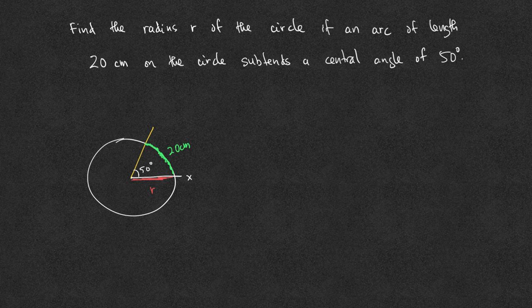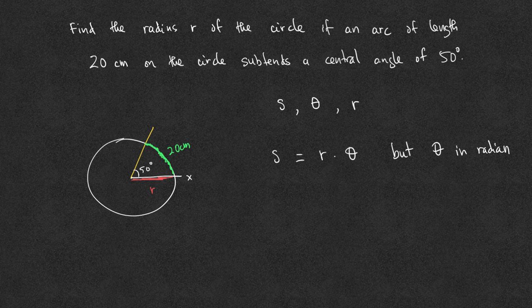The formula that relates the length of the arc s, the central angle theta, and the radius r is s equals r times theta, but only if theta is in radians.